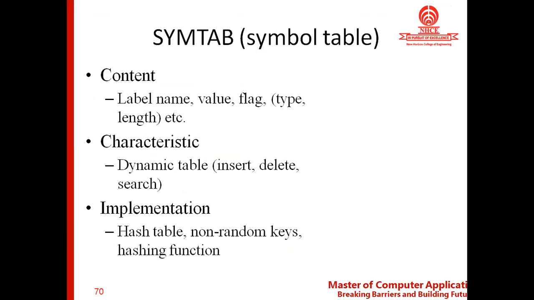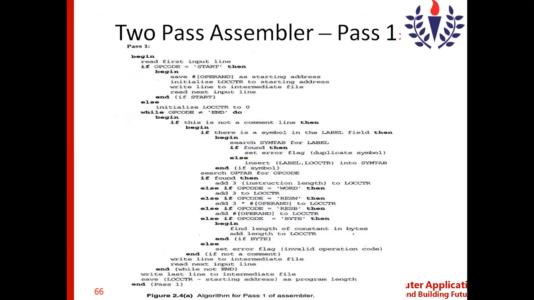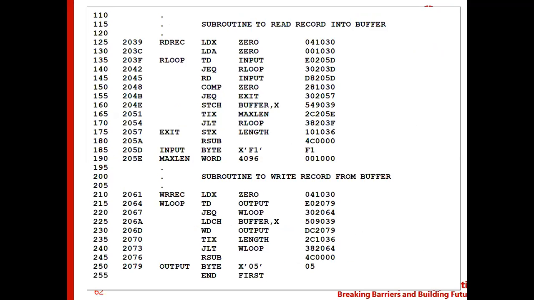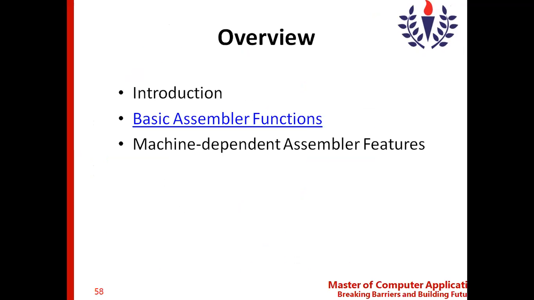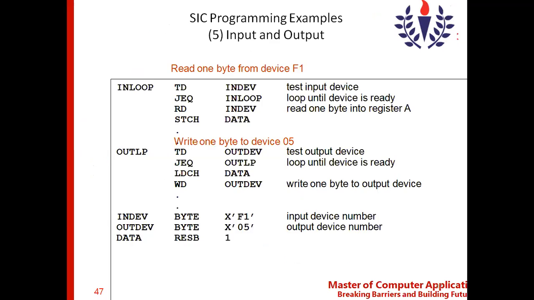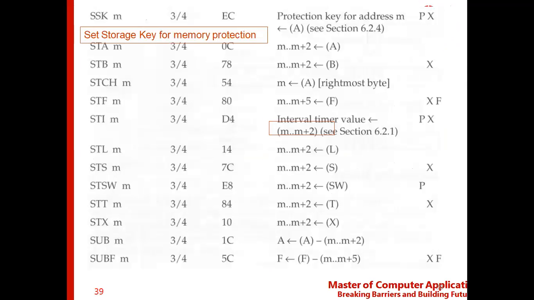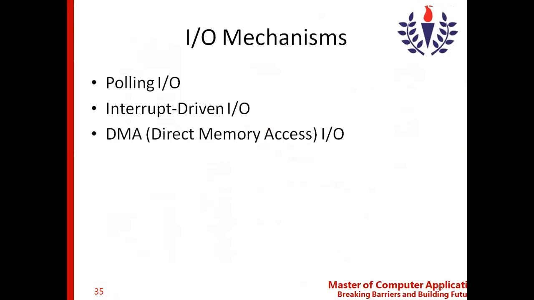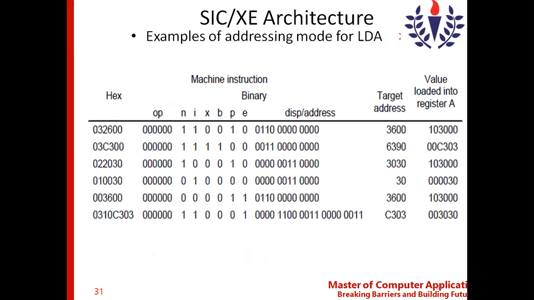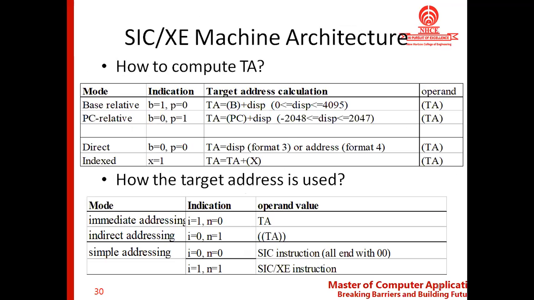This is the formula we discussed previously in the SIC/XE format. If it is base relative, TA is equal to base plus displacement.